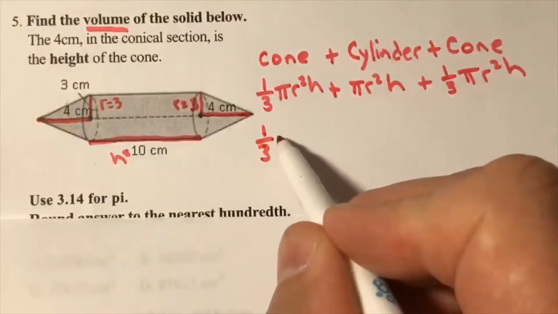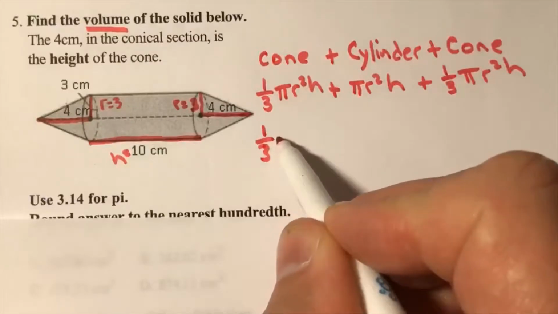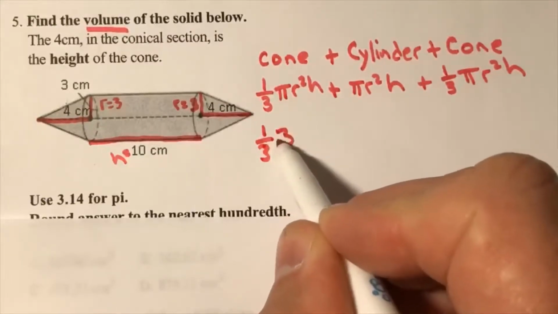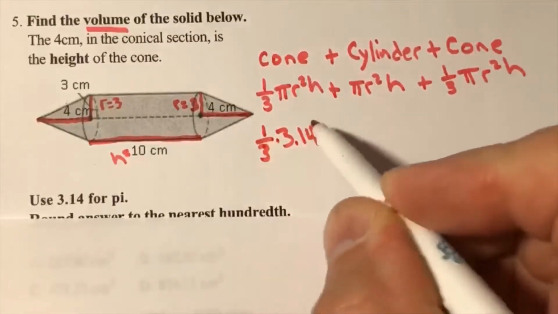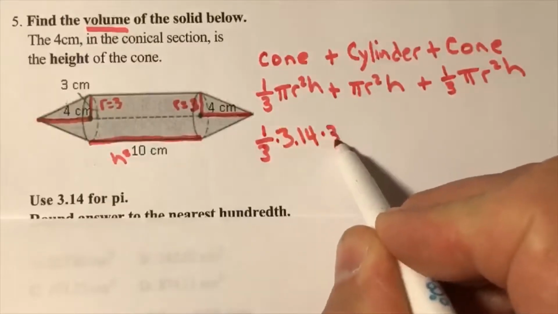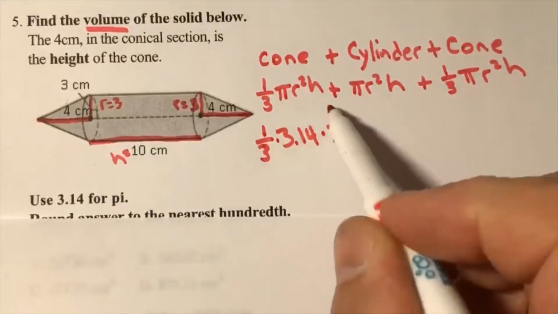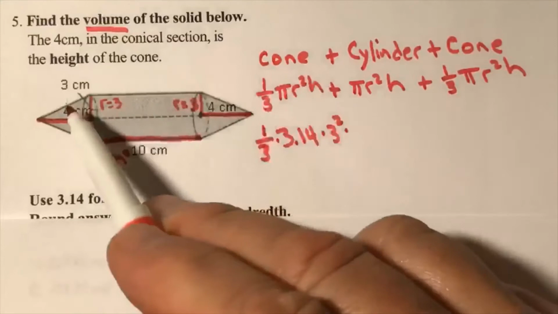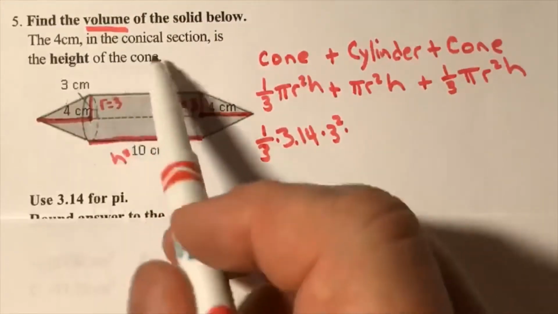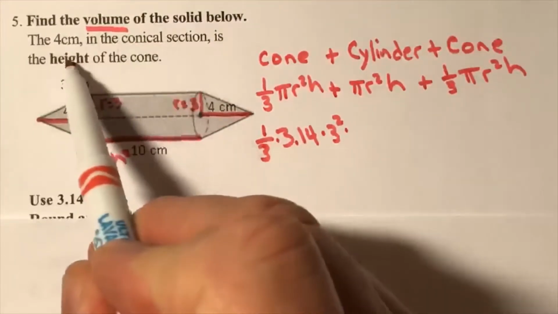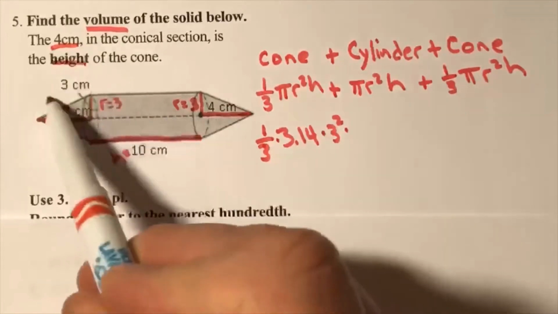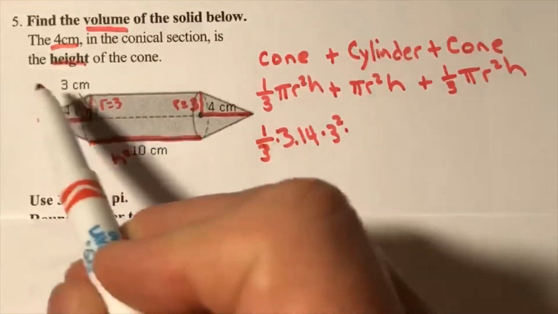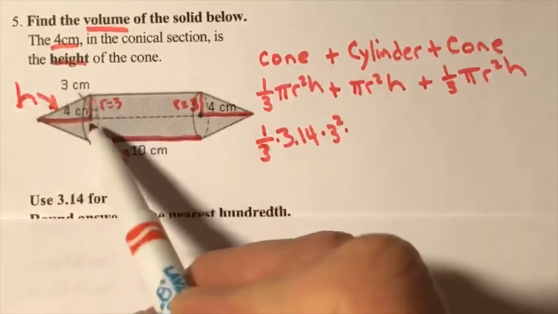So 1/3 times 3.14 times the radius 3 squared times the height. Which height? Cone. Come over here, the cone's height. We already know the cone's height is 4.